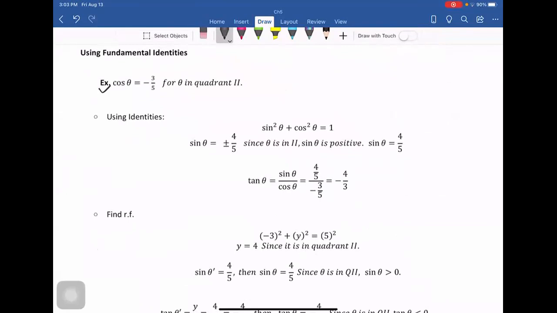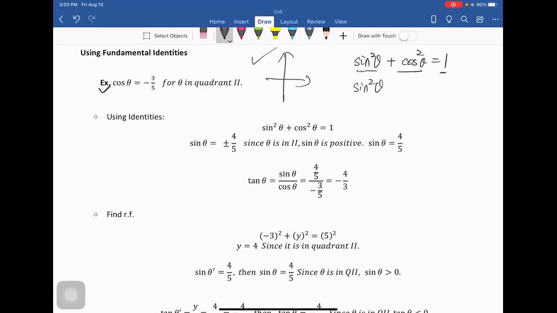-3/5 for theta in the second quadrant. So we know that the identity is sine squared theta plus cosine squared theta equals 1. We know the cosine theta, so we can solve for the sine theta.